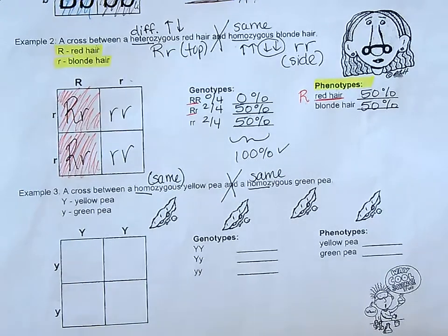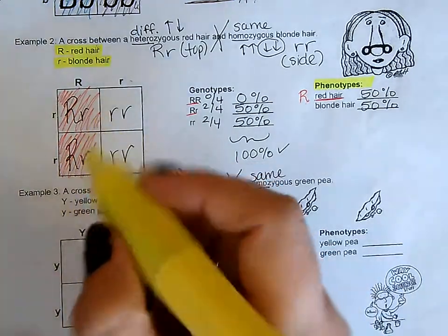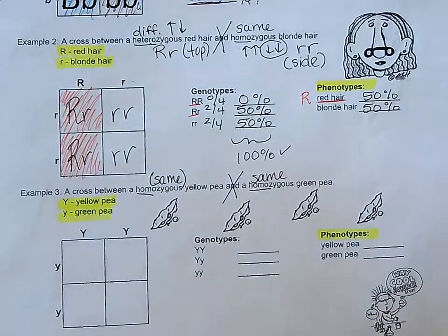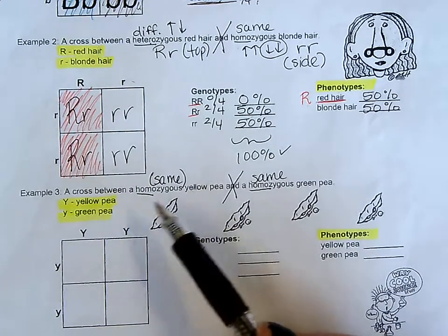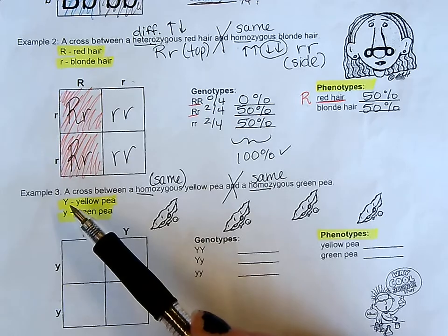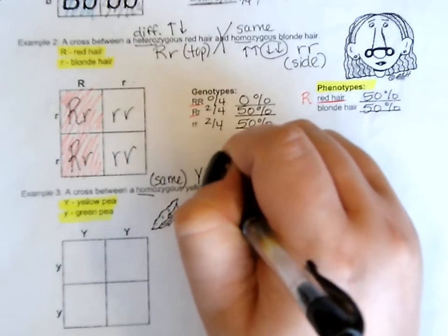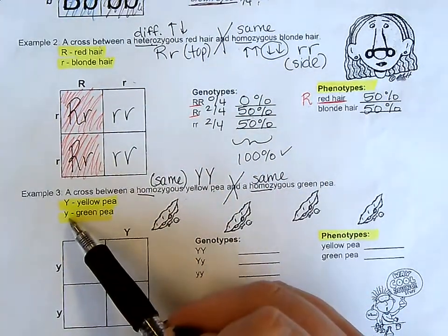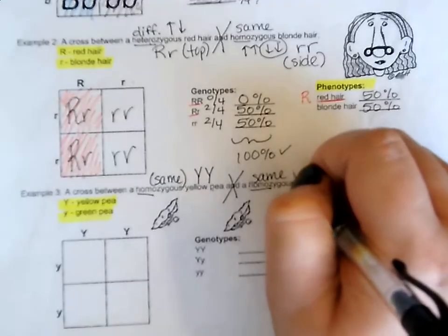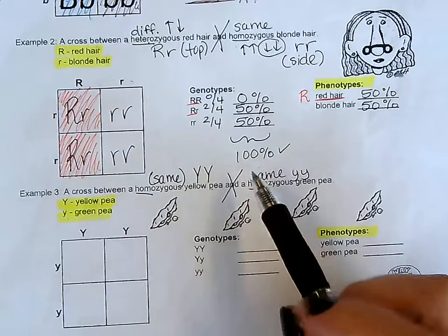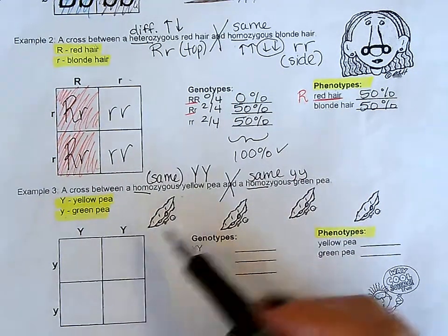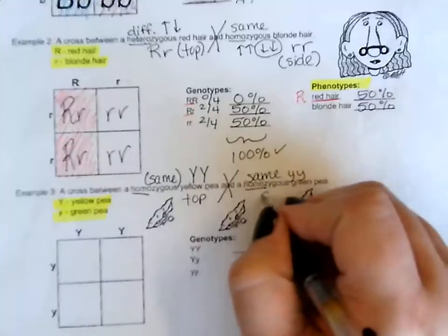Well, looking at your pea, the dominant trait for this one is yellow pea. So if it's homozygous, you're going to have 2 capital Y's for the dominant trait. So this one would be homozygous yellow pea. For homozygous green pea, green is the recessive trait, so I would do little, little. Make sure you can tell the difference between your capital letters and your lowercase letters, because I know sometimes it's a little easier to do with certain letters of the alphabet. And sure enough, this one goes on top because it came first. This one goes on the side.